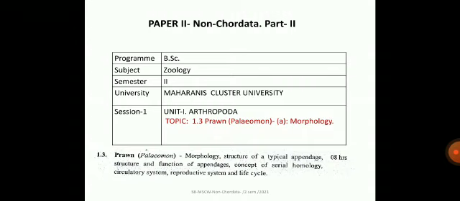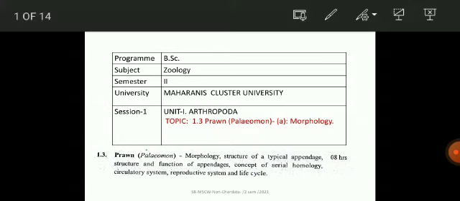To begin with, let us understand the first concept under type study of prawn or Palemon, that is its morphology, that is the general characteristics. I am sure most of our colleagues have already started the lectures, and by now you must have come to know what the word meaning of morphology is.